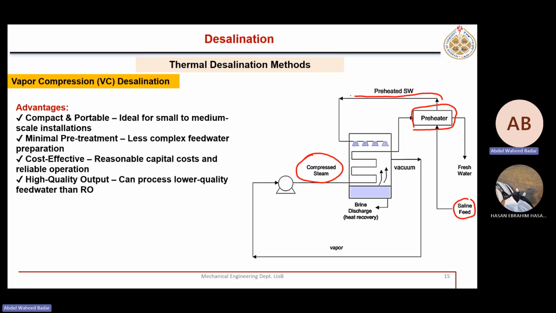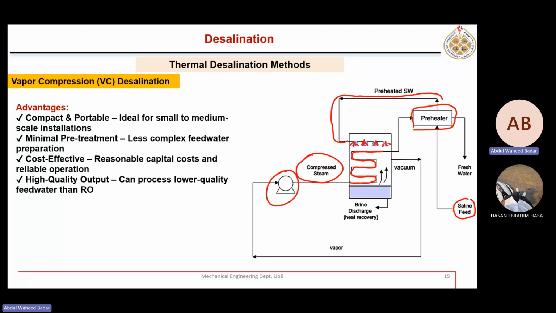Now this preheated seawater is finally here. We are using a spray mechanism. Spray mechanism will result in better heat transfer efficiency. Now this is sprayed over this heating coil in which there is a compressed vapor coming from the compressor at high temperature.